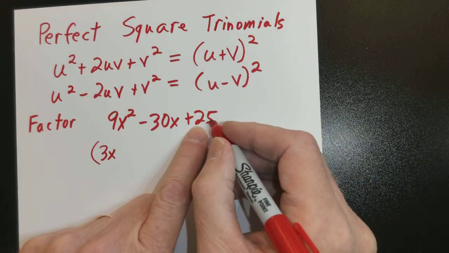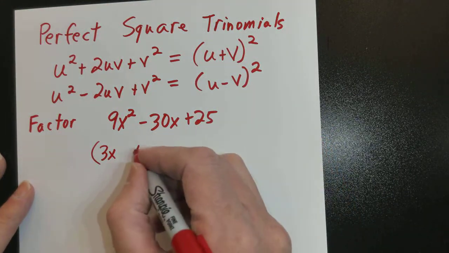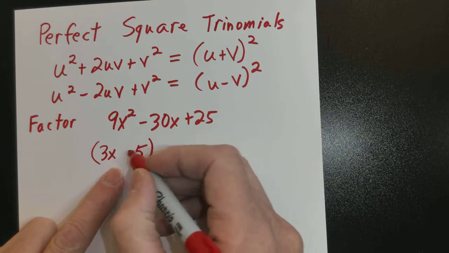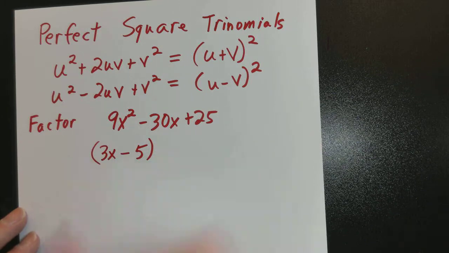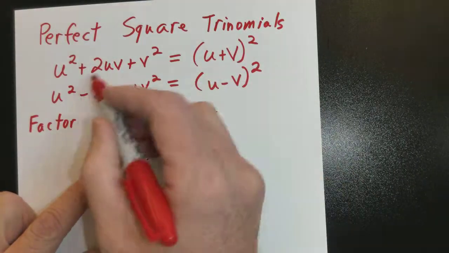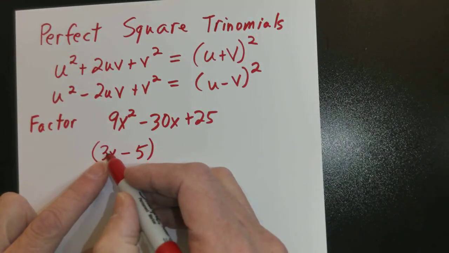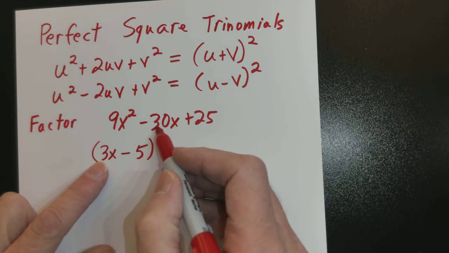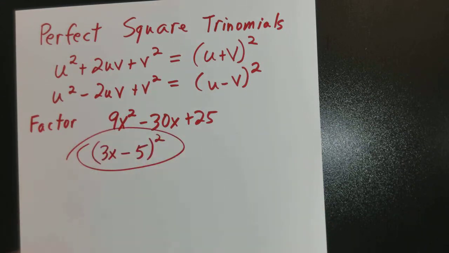And what's the square root of 25? 5. What do I want here? Minus. I want a minus there. Now, if this works, 2 times, see it's 2uv, right? 2 times 3x times 5, is that 30x? Okay. So we'll call it good.